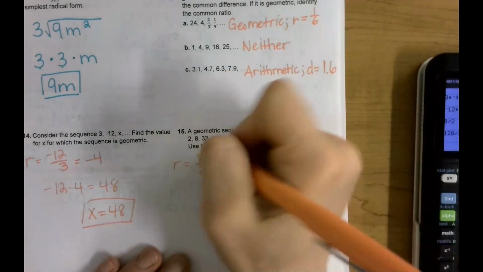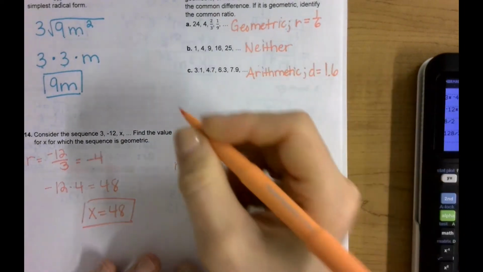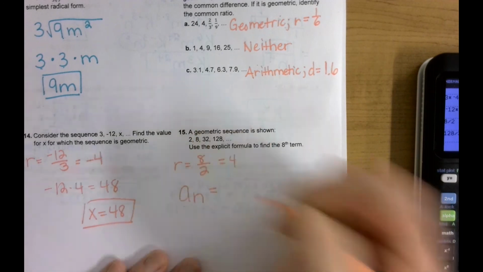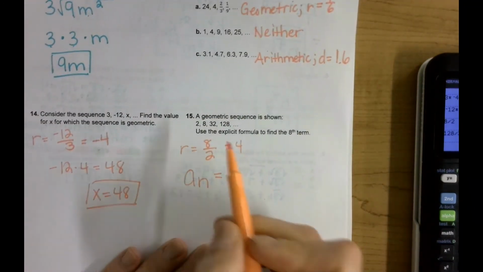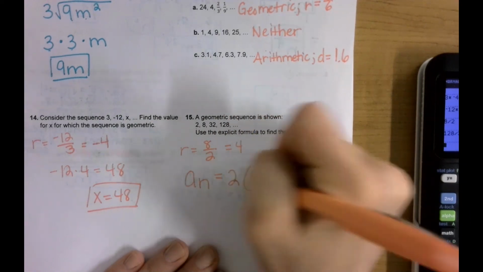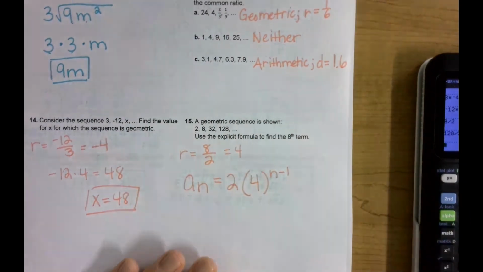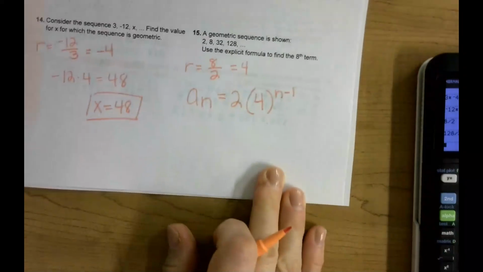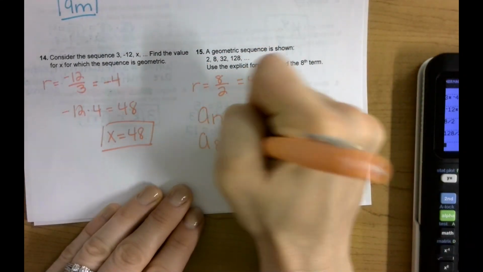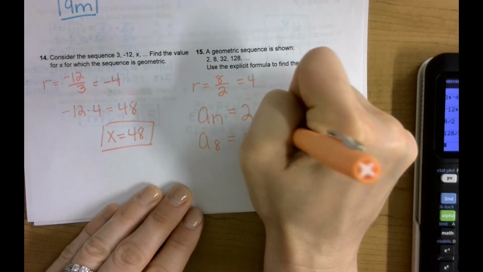So r equals 4. Then we write the explicit formula, a sub n equals, first term is 2, so that's what we write first, times the common ratio 4 to the n minus 1 power. Now we want to find the 8th term, so plug in 8 for n, 2 times 4 to the 8 minus 1.